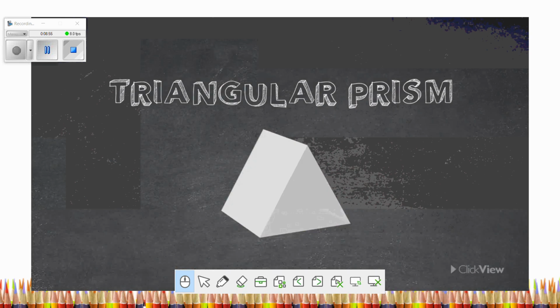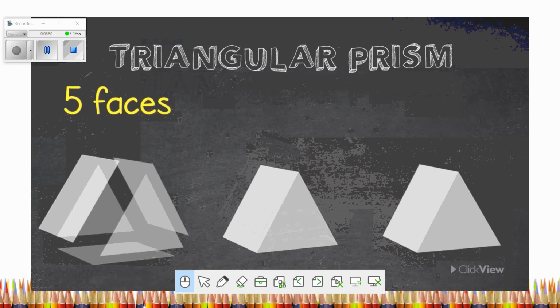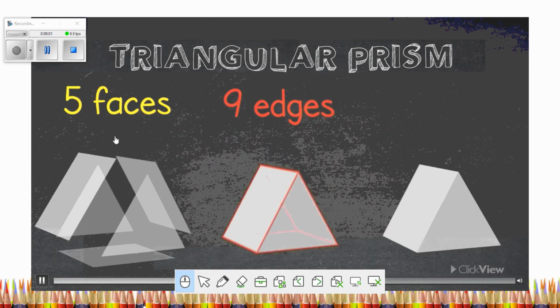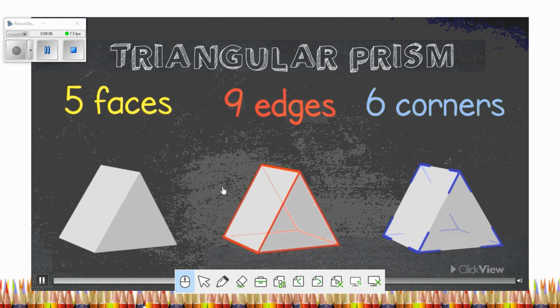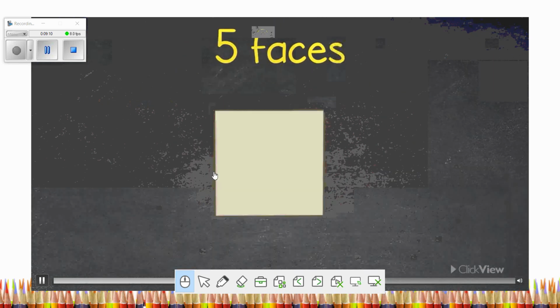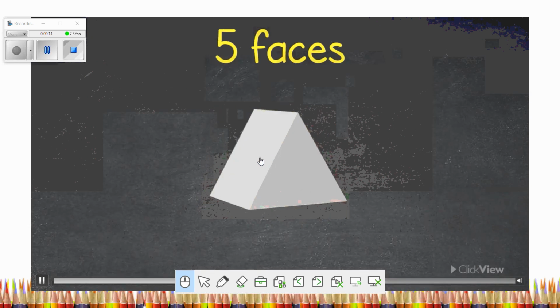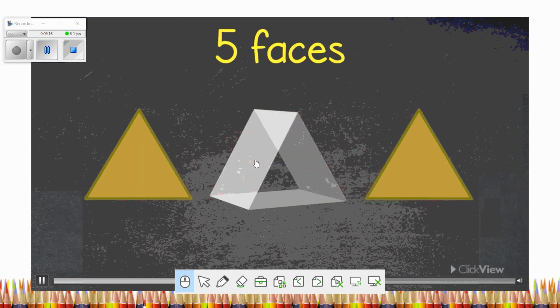This shape is the triangular prism. The triangular prism has 5 faces, 9 edges, and 6 corners. Two of the faces are triangles and 3 of them are rectangles.